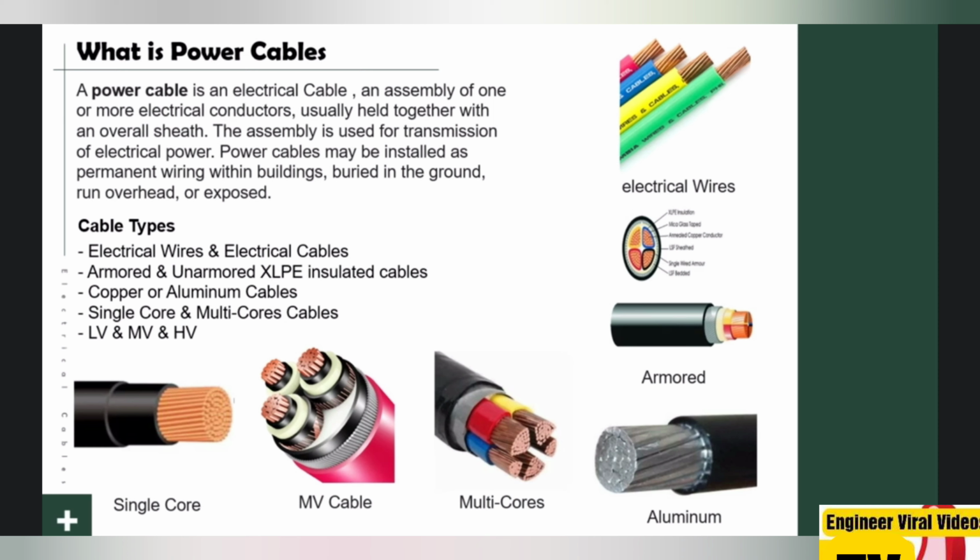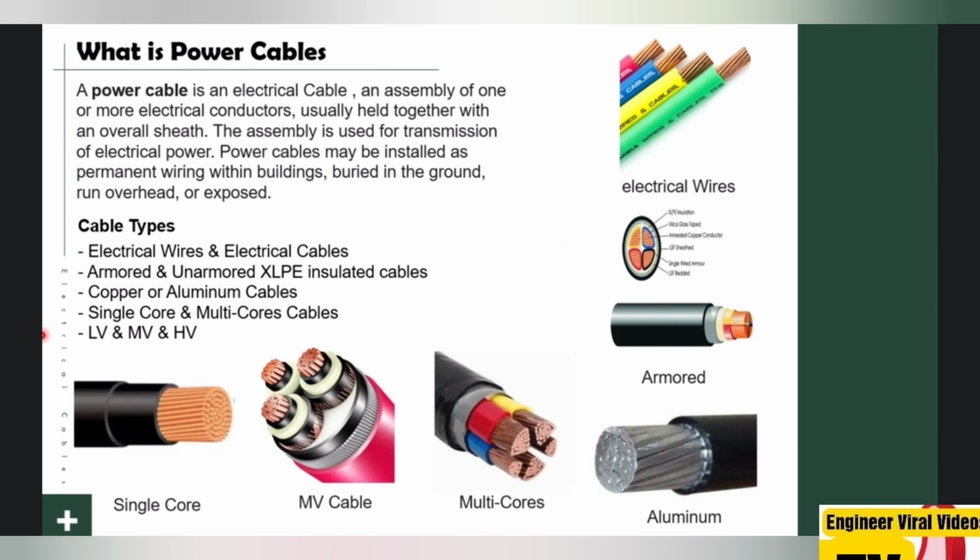What is the type of cable? Copper or aluminum cables, and also the number of cores, whether single core or multiple cores. And also important is the required voltage for these cables: low voltage, medium voltage or high voltage.